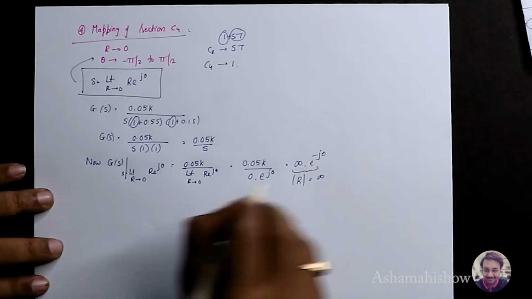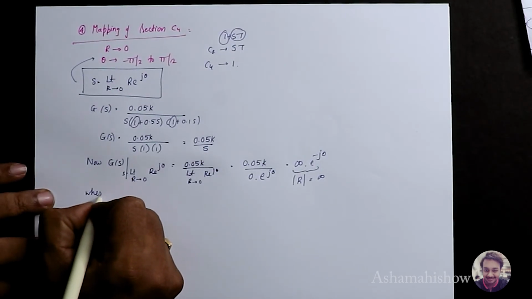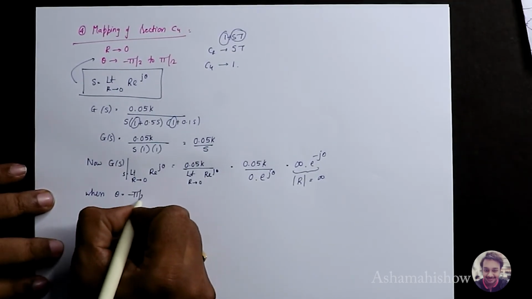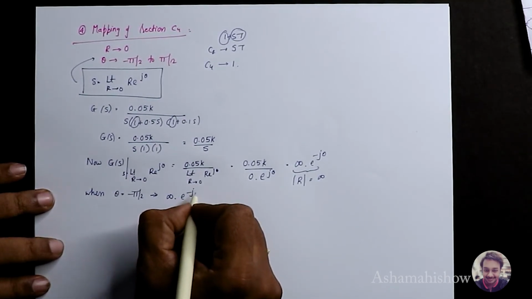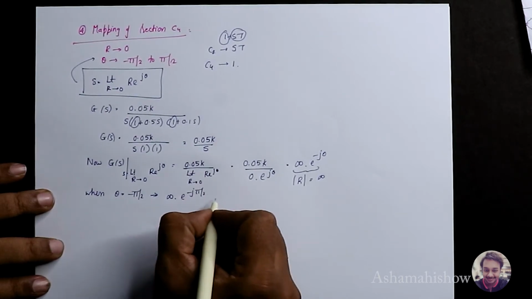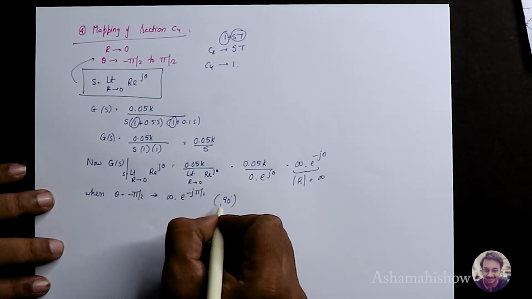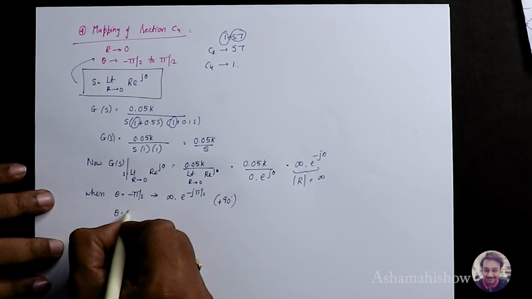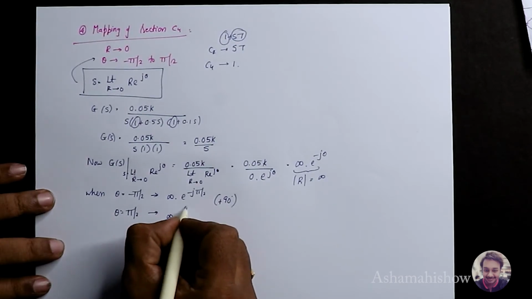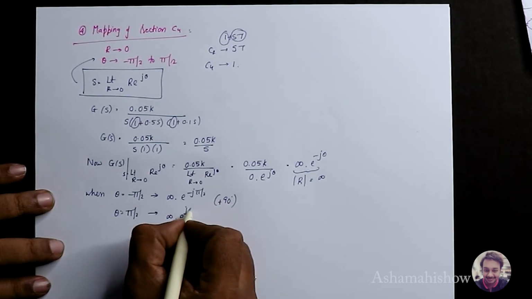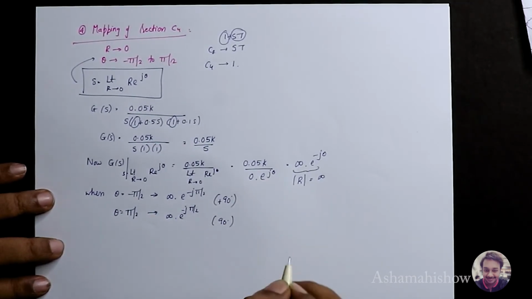Now I have to place theta as minus pi by 2 and pi by 2. When theta is minus pi by 2, the answer is infinity into e power minus j pi by 2, that is plus 90 degrees. When theta is pi by 2, infinity into e power minus j pi by 2, and this becomes minus 90 degrees.